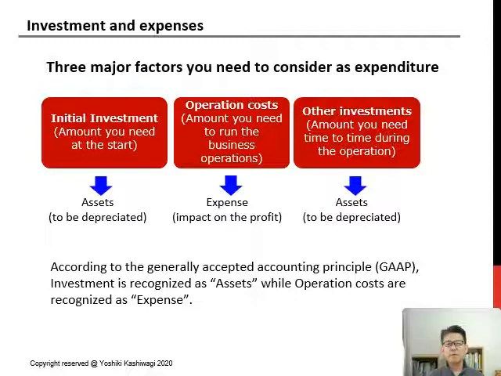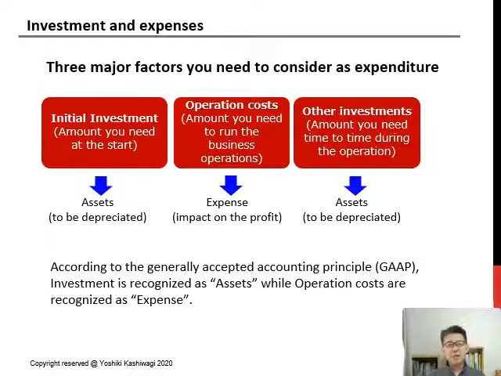Maybe part of them would be something like electricity or water or labor cost to run the operations. Those are running costs of your business. They are all expenses that will directly impact on the profit of the year.